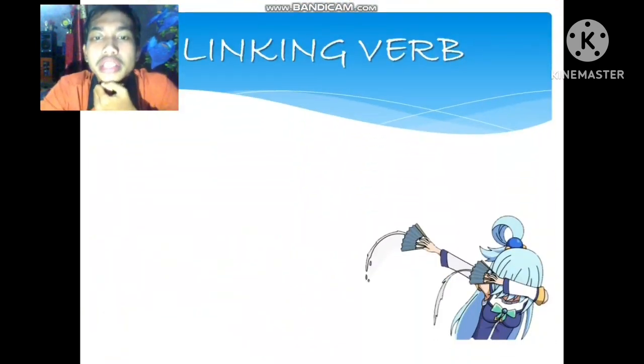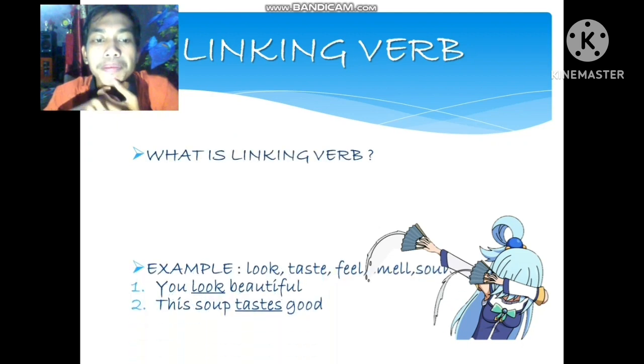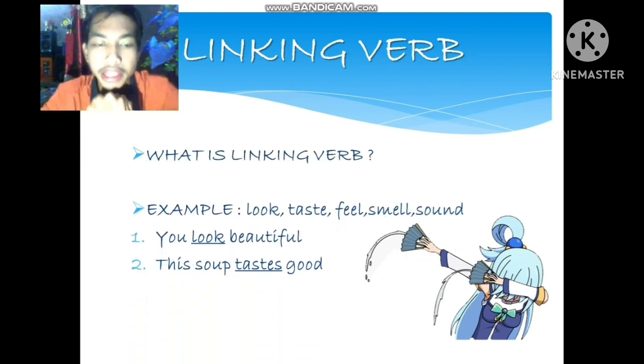And the final type of verb is linking verb. Linking verb is a verb that needs an adjective in the sentence. Examples of verbs that need an adjective are feel, look, taste, and smell. Okay, this is the example.